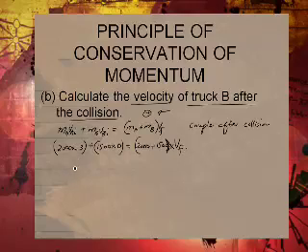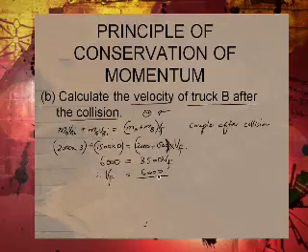So this is going to be 6000 equals, because this is going to work out to 0, 3500 V final. Therefore V final should be equal to 6000 divided by 3500, and the answer is 1.71 meters per second.